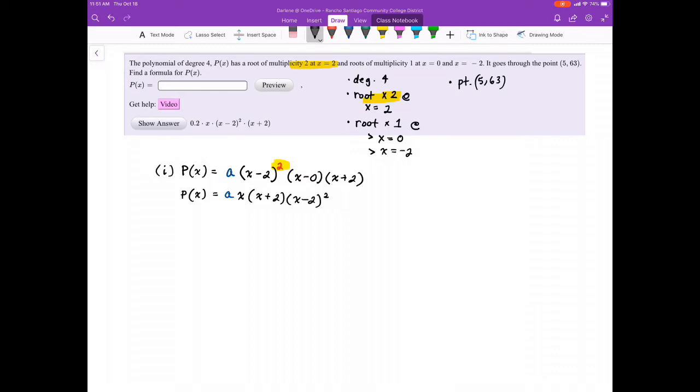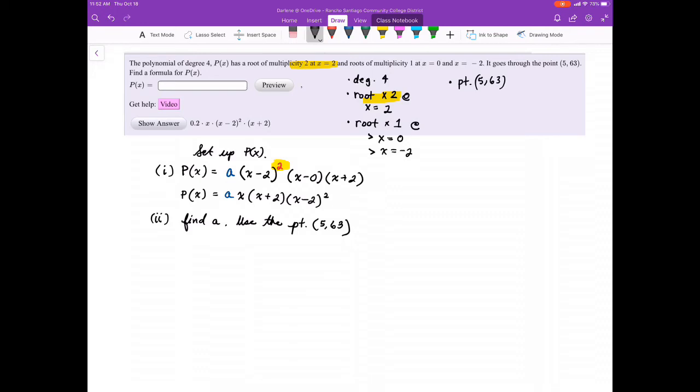Okay, so the second thing that we're going to have to do is find a. We're going to use the point (5, 63). So the first part you should do is just go ahead and set up the function. And then solve for a.